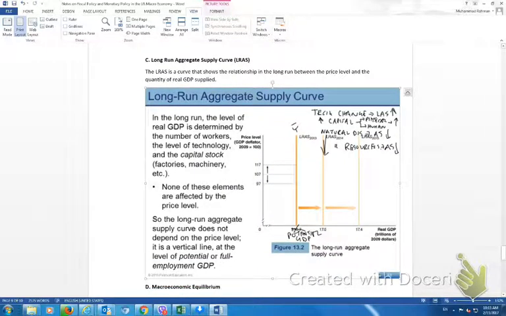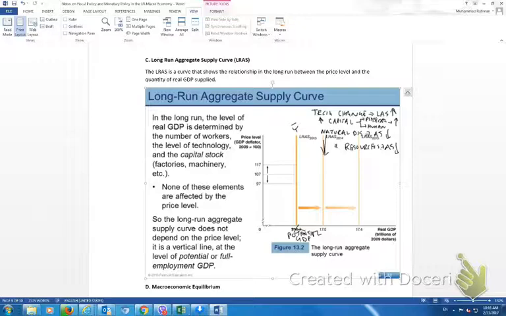Okay. Now, the long-run aggregate supply curve is based on the idea that in the long run, the real GDP of the economy determines the shape of the long-run aggregate supply curve. And there is a common perception among macroeconomists that in the long run, prices really cannot affect how much output an economy produces.